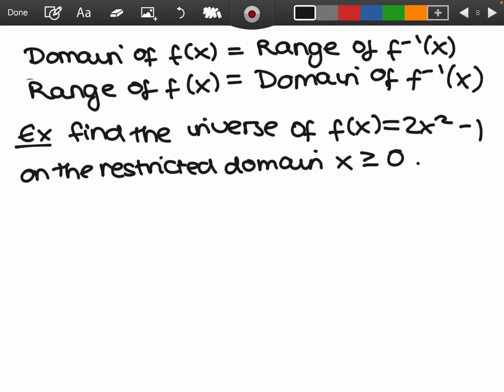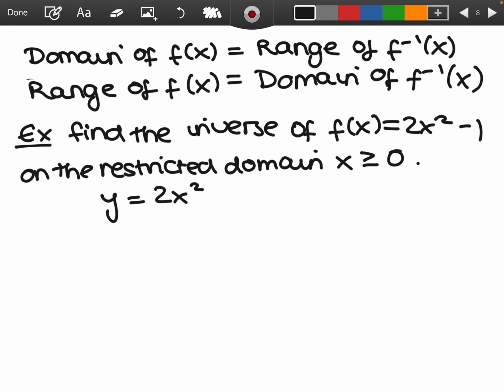There's another reason we have done this. Remember, this is a quadratic, meaning that a normal quadratic is not 1 to 1, which means that we can't find an inverse. But by restricting its domain, if we looked at the graph of this, it is now 1 to 1 because we are saying that x can only be greater than or equal to 0, giving me the right-hand side of that graph. I completely get rid of the left-hand side, and that makes it 1 to 1.